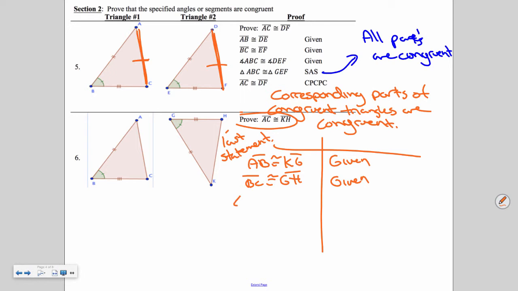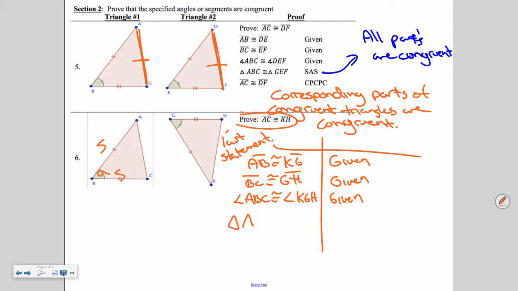And I know angle ABC is congruent to angle KGH because it is given. So now I know I have a side, an angle, and a side in both triangles.